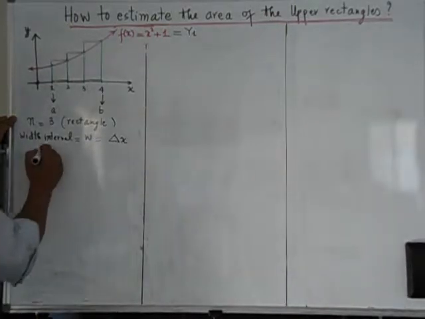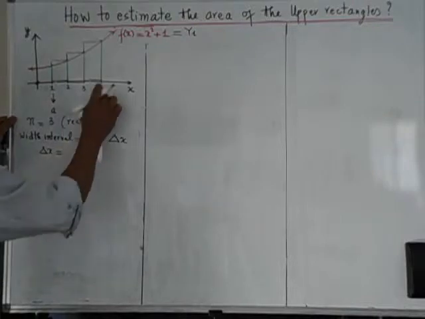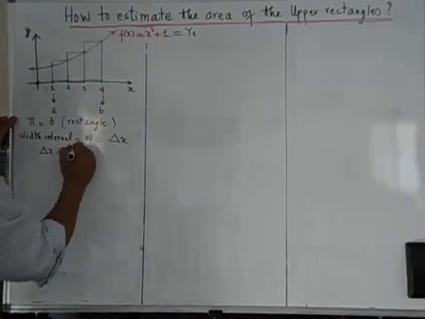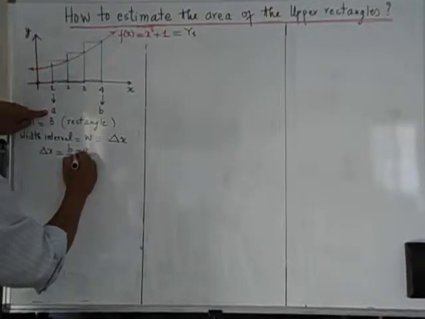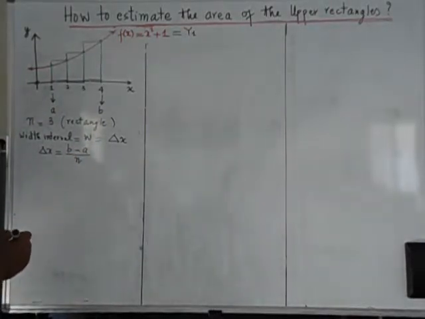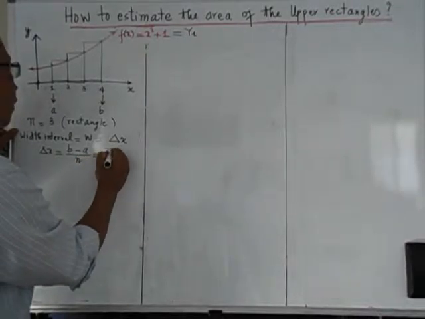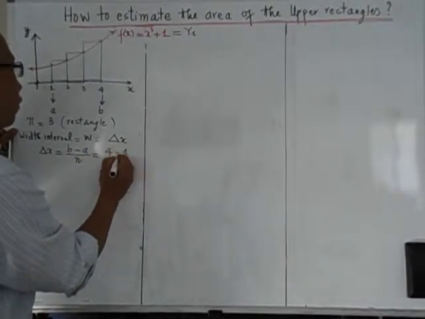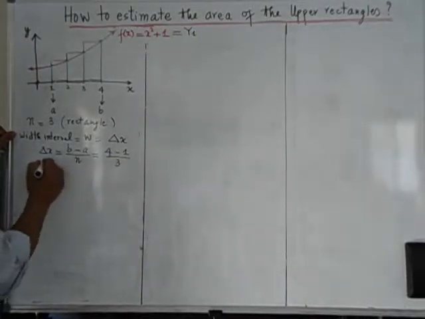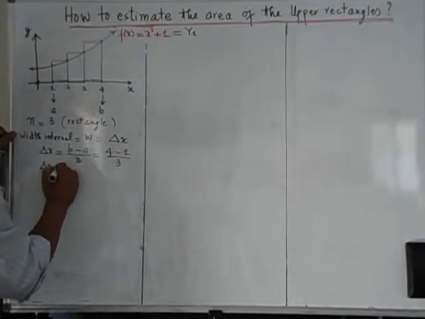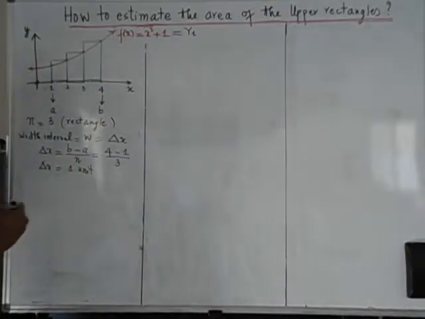So delta x equals B minus A, divided by the number of rectangles. Substituting, we have 4 minus 1 divided by 3. Delta x equals 1 unit in length.